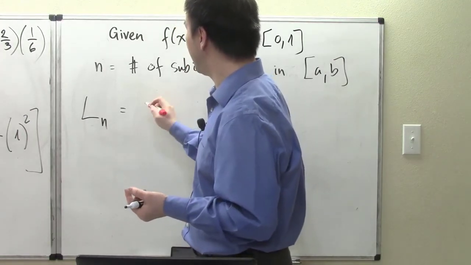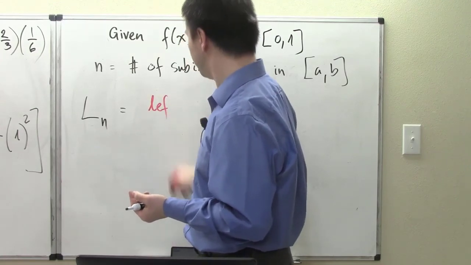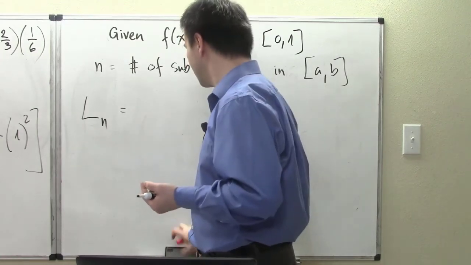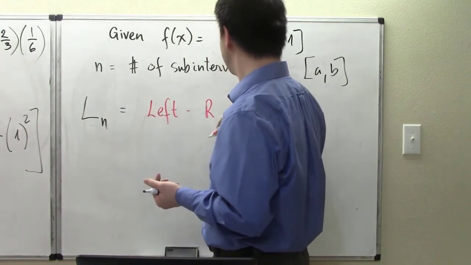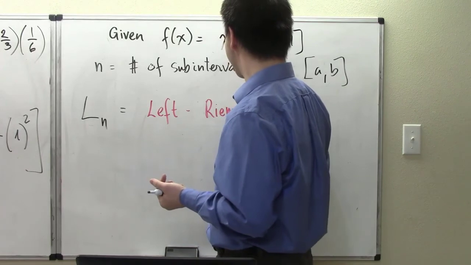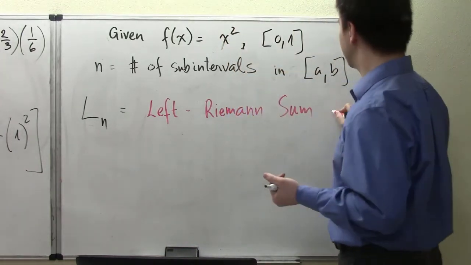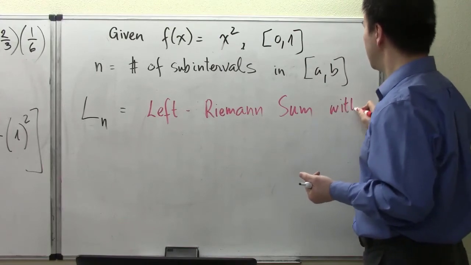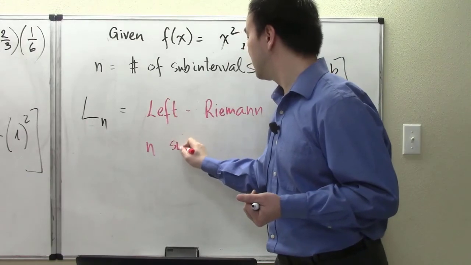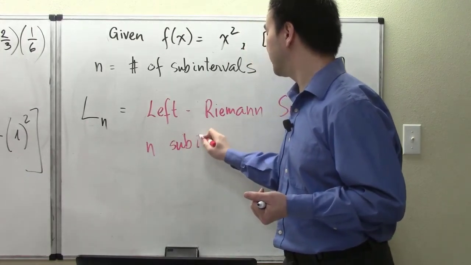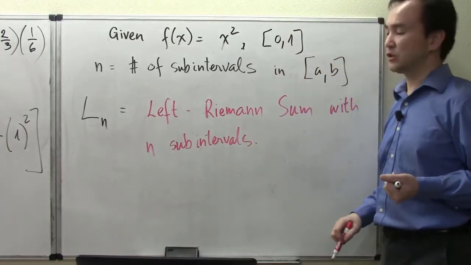So L is called the left Riemann sum, with, now more specifically, n subintervals. All right, so that's what it is.